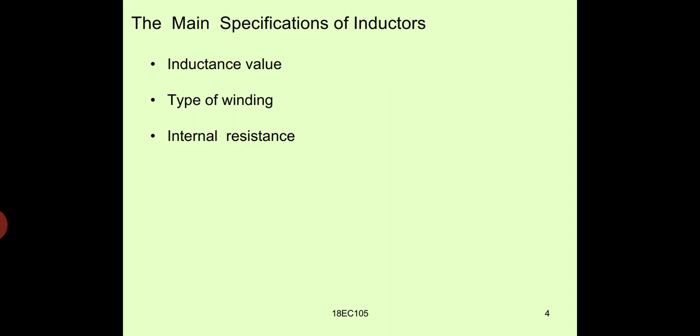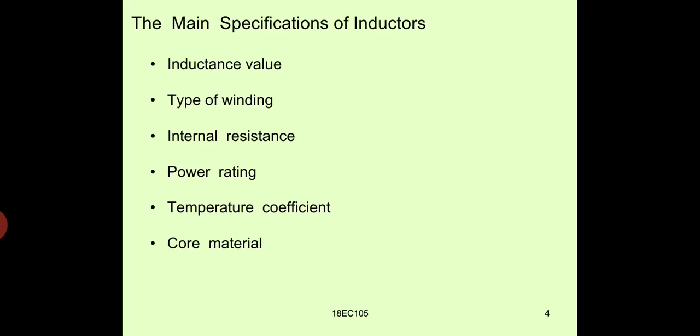Then there could be a power rating to know how much maximum power it can withstand. Then we also have the temperature coefficient as a specification. Then you have the core material, whether it is iron core, ferrite core or air core. Then it also depends on the frequency range for which you want to use it.